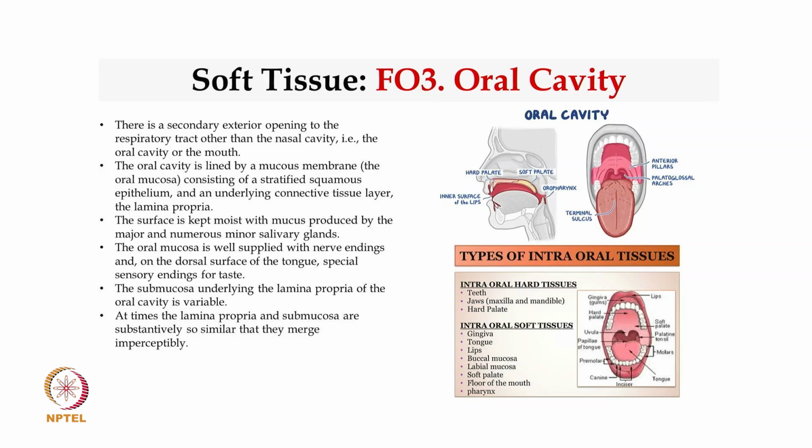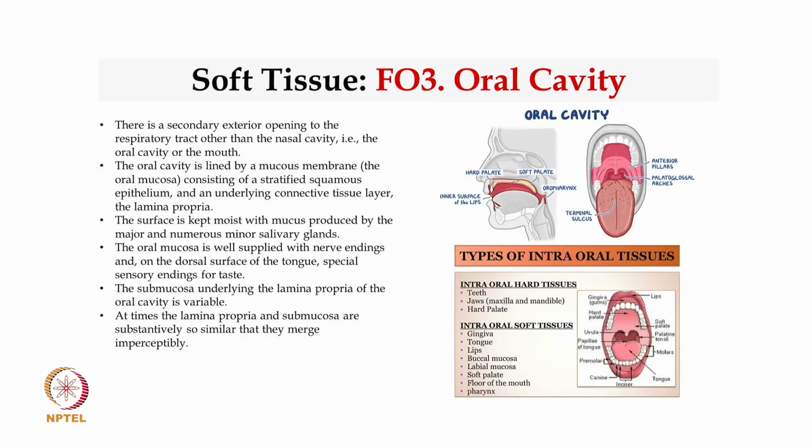There are different types of intraoral tissues. Intra means inside, like within the oral cavity. What are the different kinds of tissues? You're looking at the teeth, you're looking at the jaws, which are typically known as maxilla and mandible, and you are looking at the hard palate. All of these are separate tissues, right? Then you have intraoral soft tissues like the gingiva.